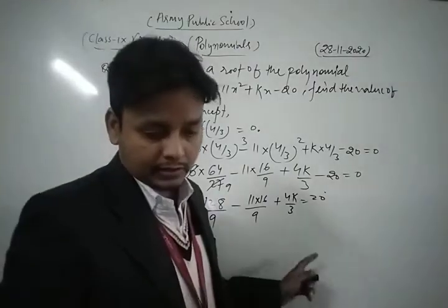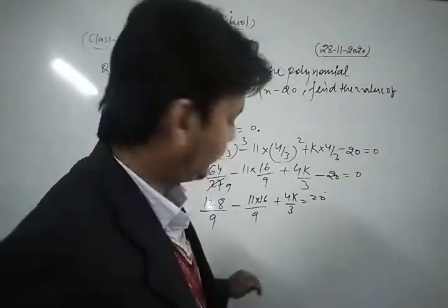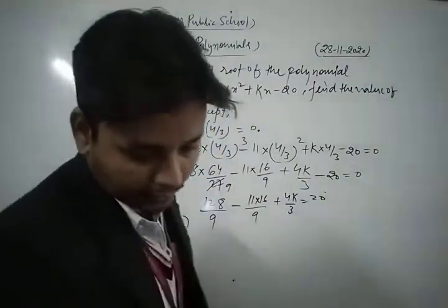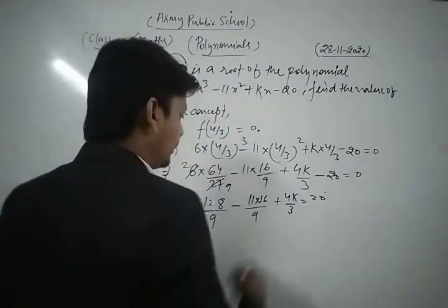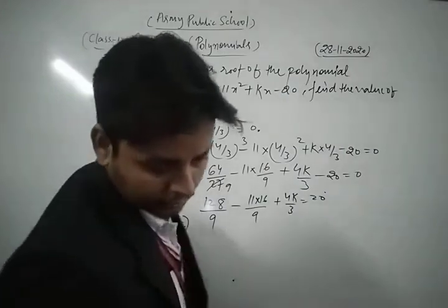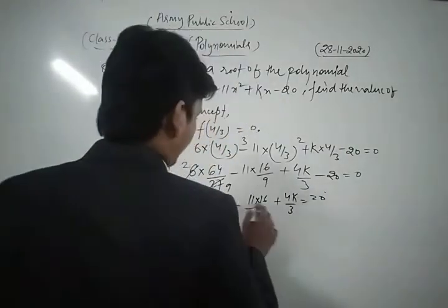Now after simplifying them, dear student, we get the value of k as 19. Let's see once more. This is 128 upon 9, yes.